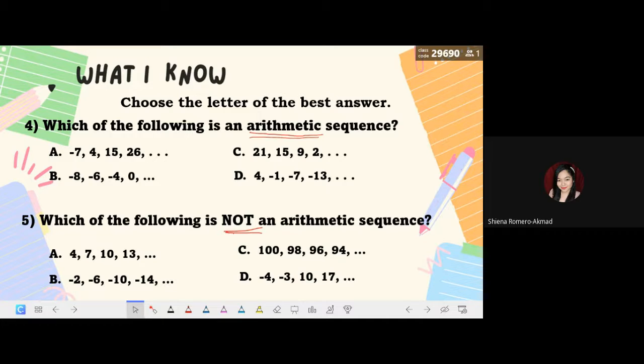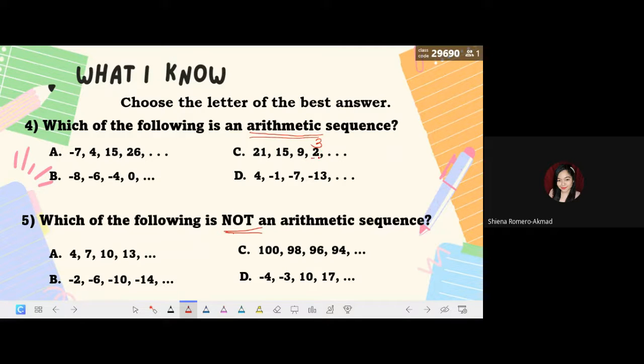Yes, Aritani. Mark? 3 po. 3. So, if the next term is 2, do you think letter C is an arithmetic sequence? Sabi natin, letter C should be 3, yung susunod sa 9.